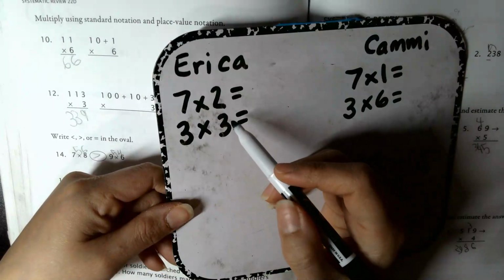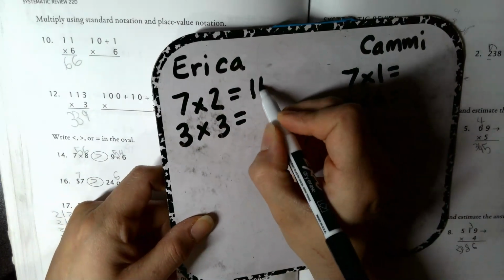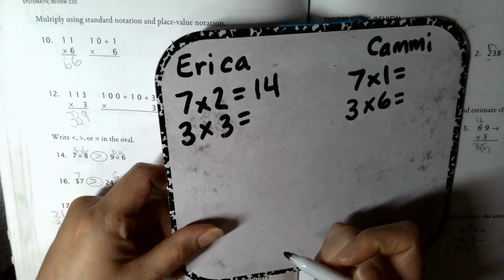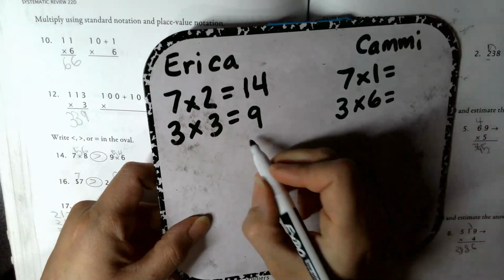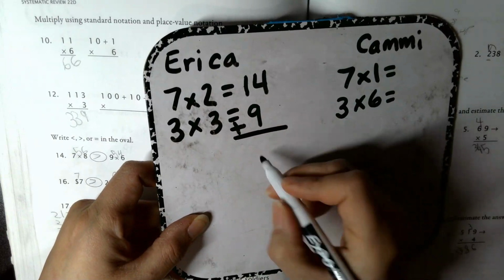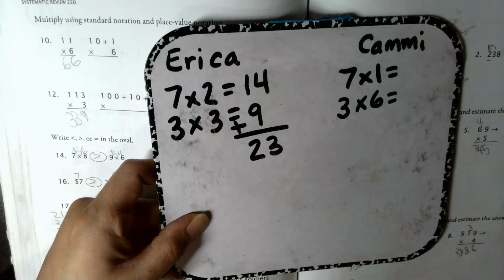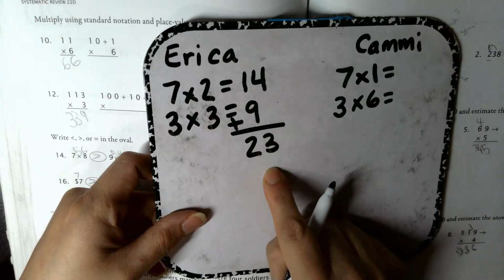So when Erica was emptying out the bucket, she did 14 quarts right here. Then when she did the pitcher, she emptied out 9 quarts. So altogether, 9 plus 14 is 23. Okay, so over here, Erica emptied out 23 quarts of water.